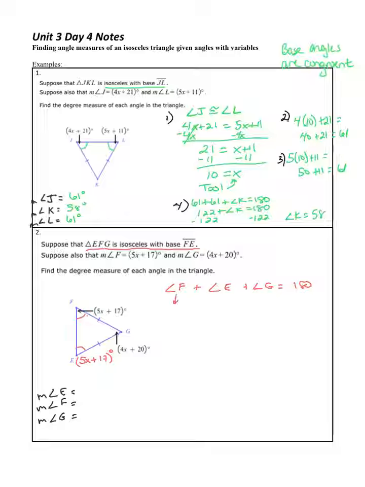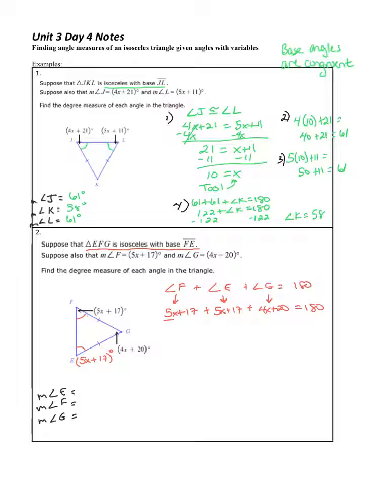And now I'm just going to substitute. 5x plus 17, and you don't need your parentheses, by the way, because the parentheses only show you that that entire equation goes with that angle. So plus 5x plus 17 plus G is 4x plus 20 equals 180.